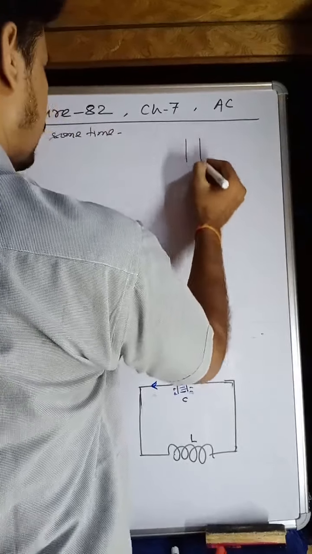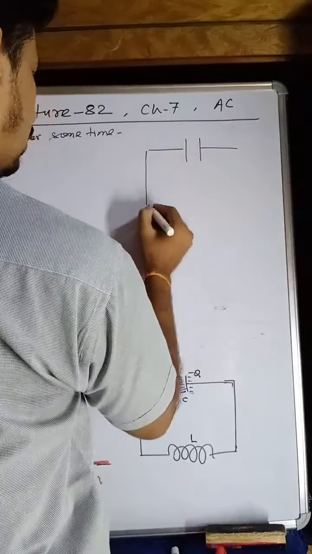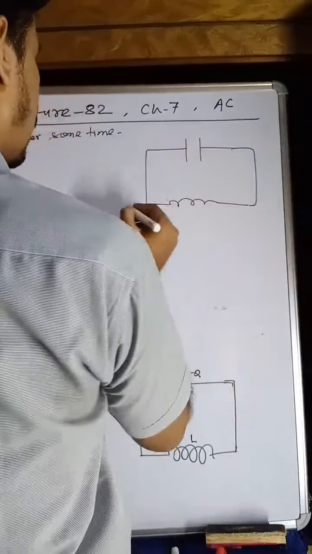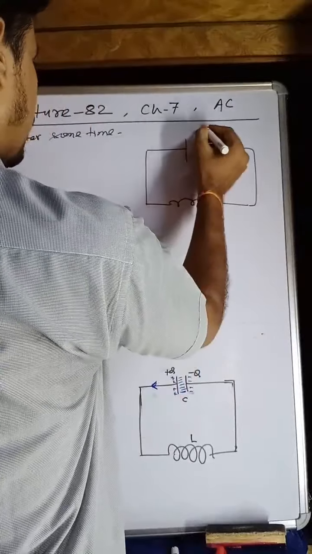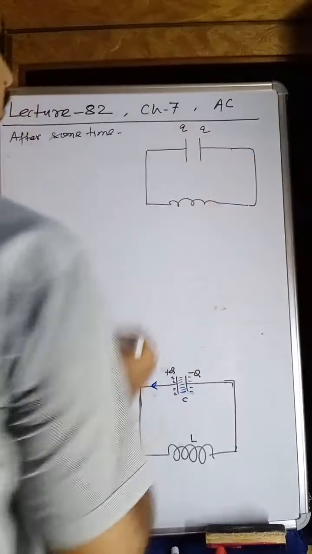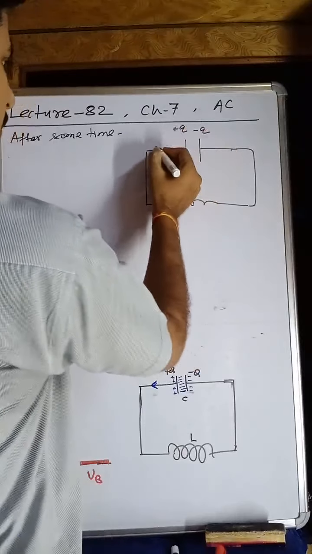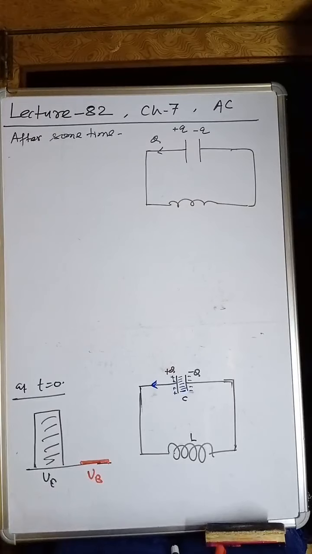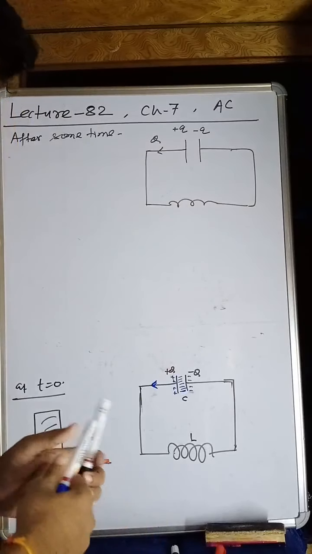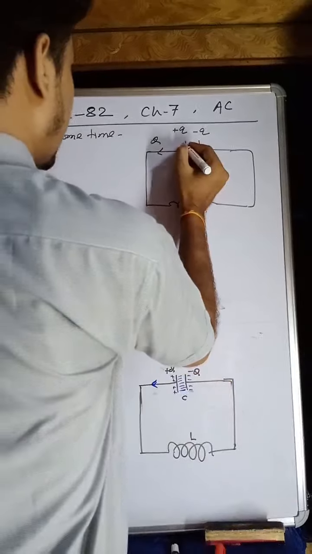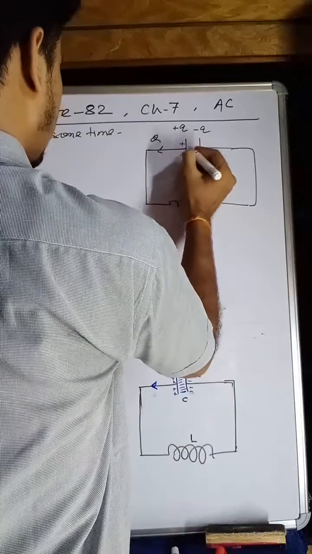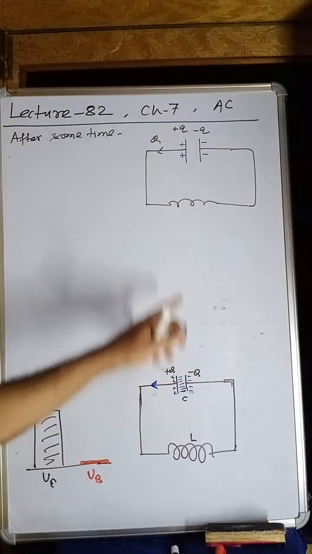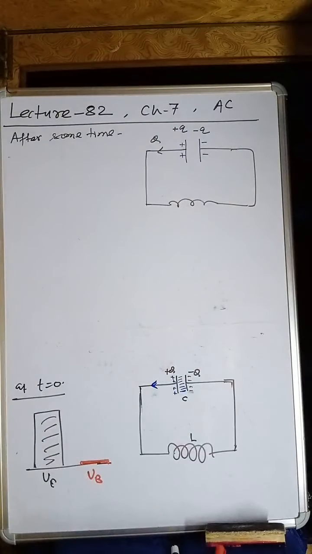Now it looks like this. This is the capacitor connected with the inductor. Of course, now the charge is Q, suppose, which is not the maximum value because some energy has been transferred. Now I am representing the charge with a little smaller value because some charge has been transferred. You can see here the charges are maximum and here some charge has been transferred.